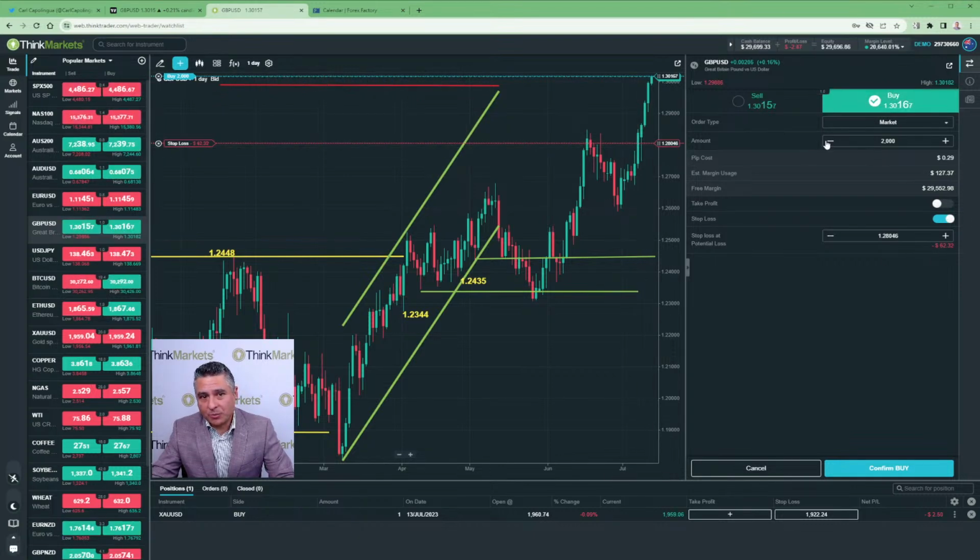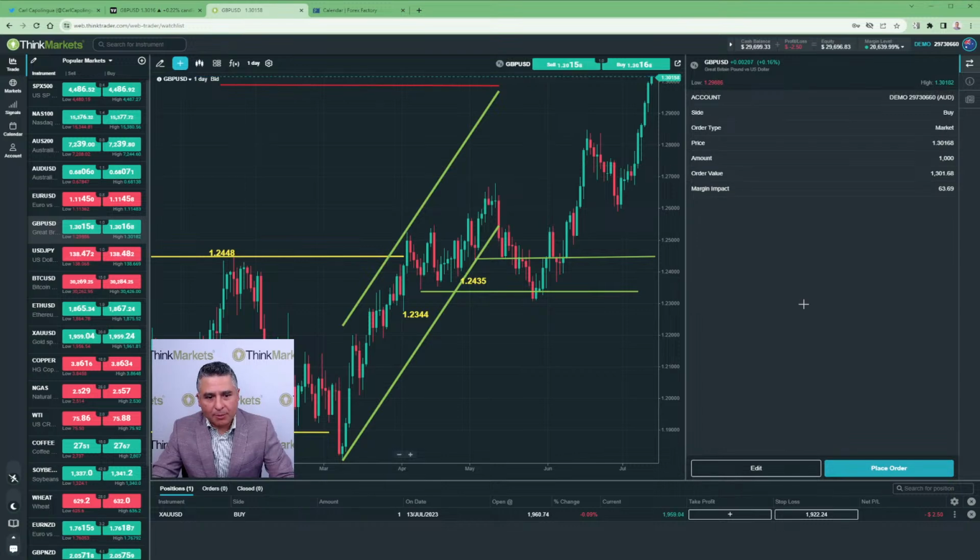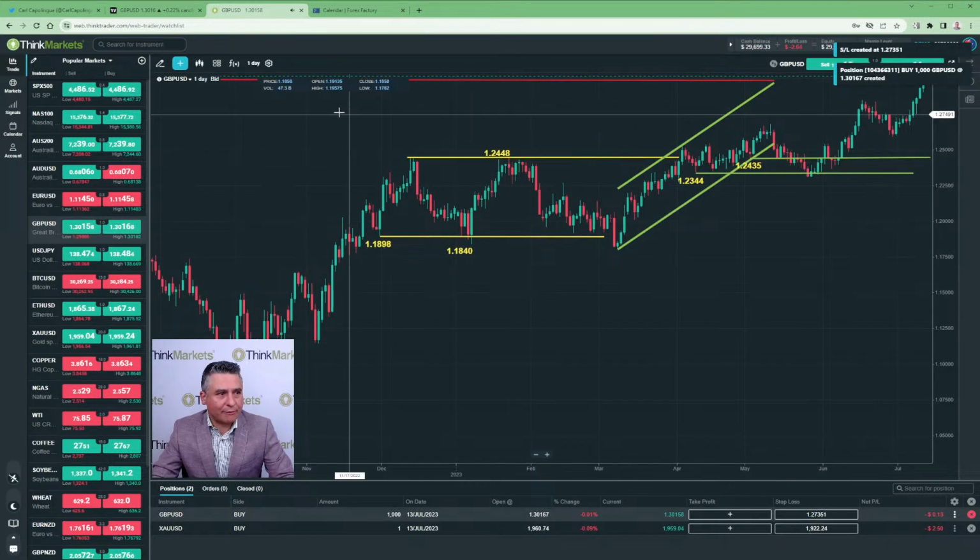So you can see how the relationship between amount and where you slide this to impacts what you want to do. I'm tempted. No, let's go with that one. And let's just click the confirm buy here and place that, just get it onto the platform.